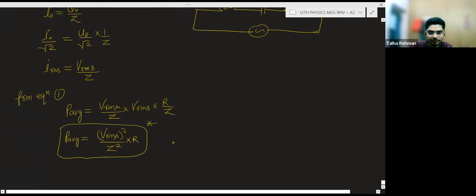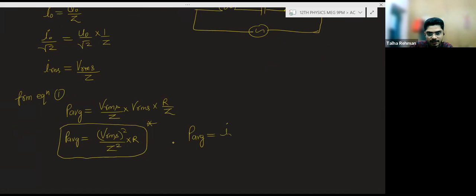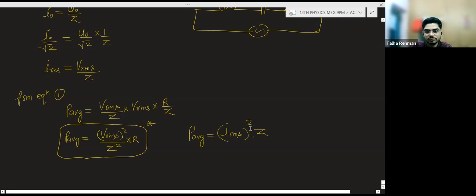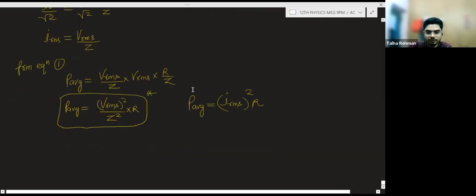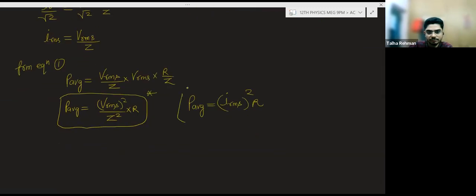And one more formula you will get for the average power, that is IRMS square into R into Z. No, just a minute, this will be R. Okay, this will be R. So this will be another formula.